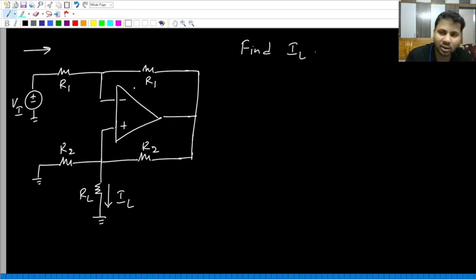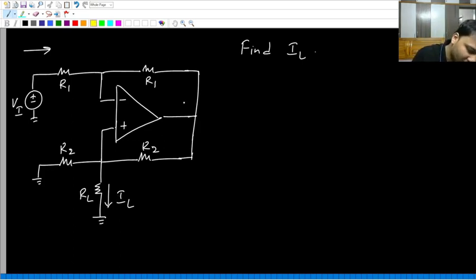Two resistors, each of value R1 at the top, and at the bottom two more resistors, each of value R2. Then we have the load resistance through which the current is IL, and that is what we are trying to find.